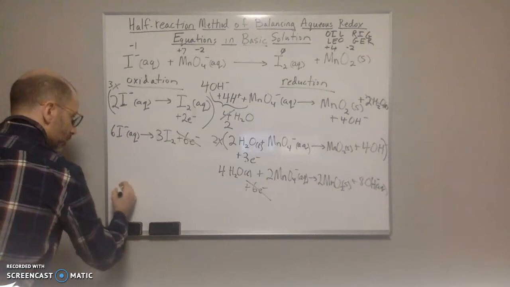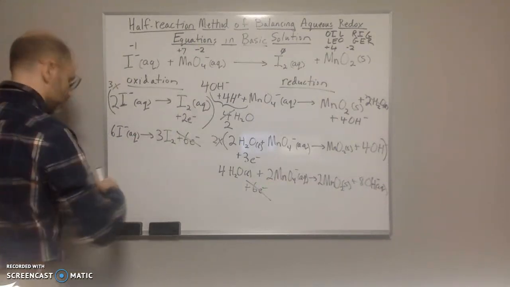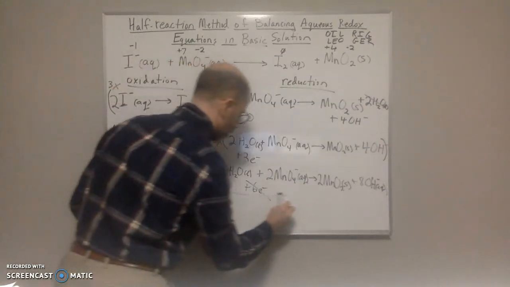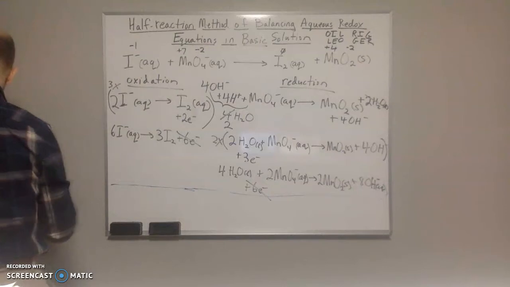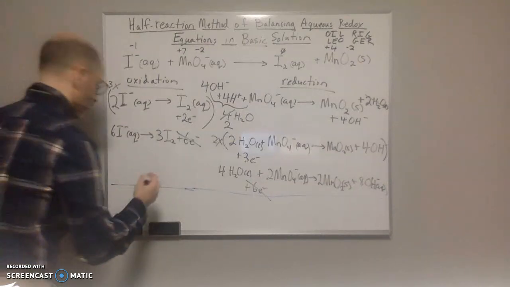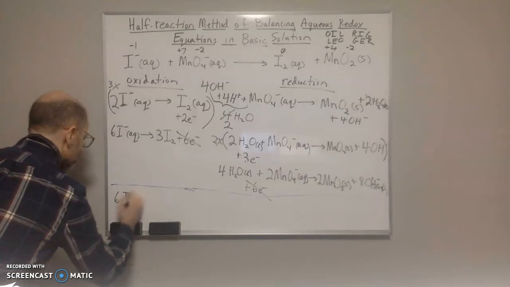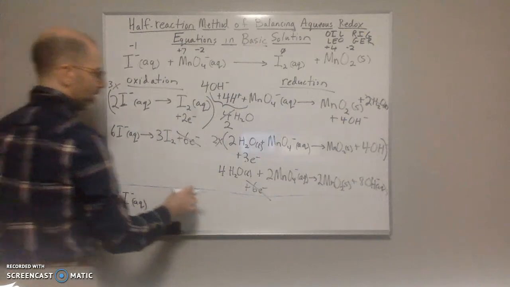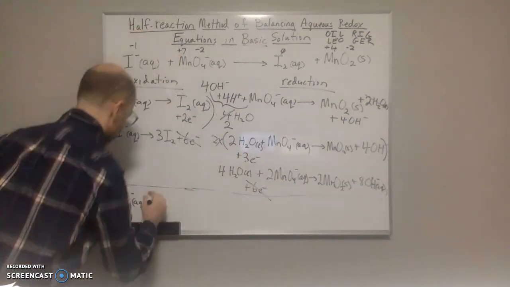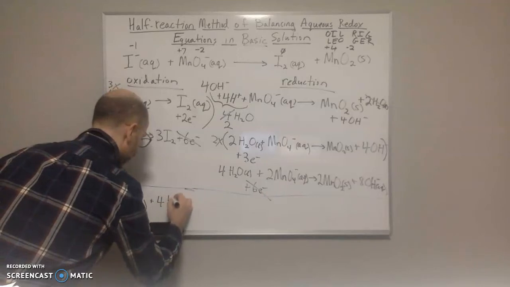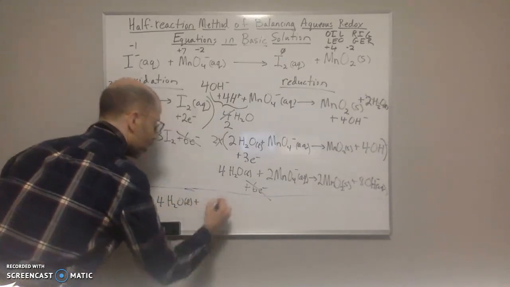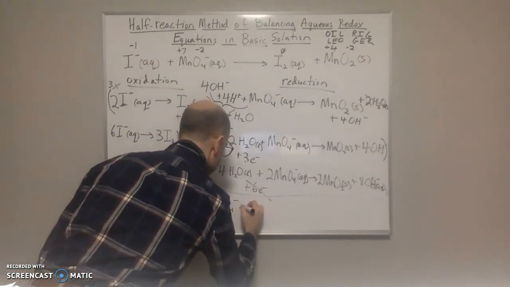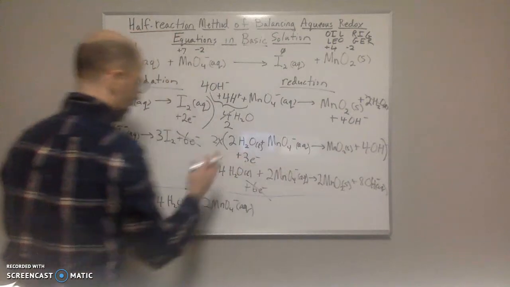So on the bottom, I have 6 iodide aqueous, that's from here, and then I have my reactants here, plus 4 H2O liquid, plus 2 MnO4 minus aqueous, and then those are my reactants.